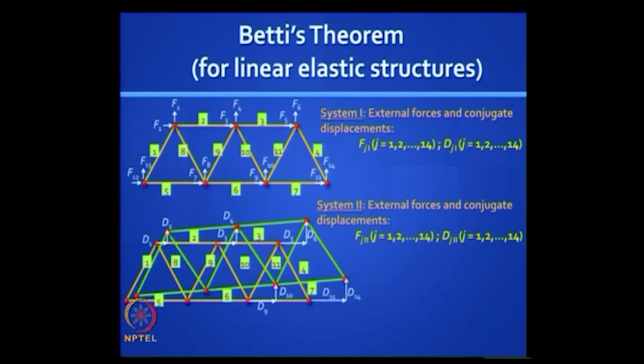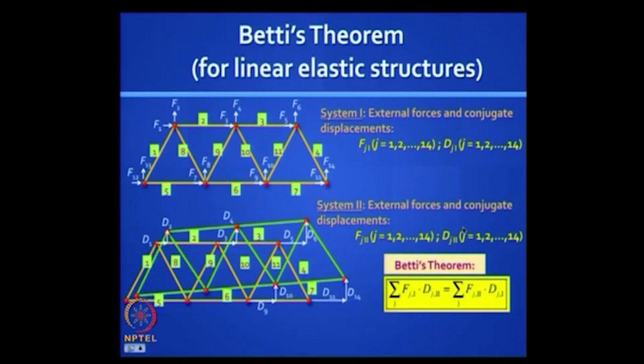Do not worry about the internal forces and deformations. And let us say you have the same truss or the same structure, but a completely independent force and displacement field. So we will label this as system 1, the top one, and the other one as system 2. And this is Fj1, Dj1, and this is Fj2 and Dj2.